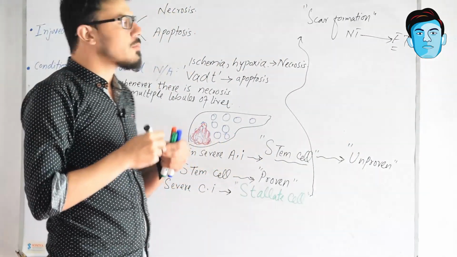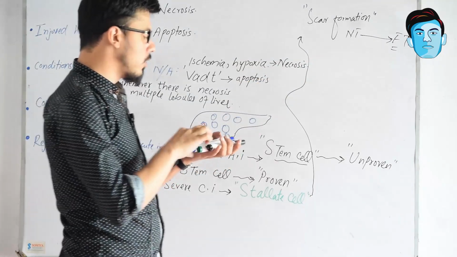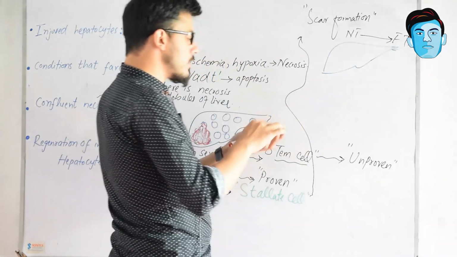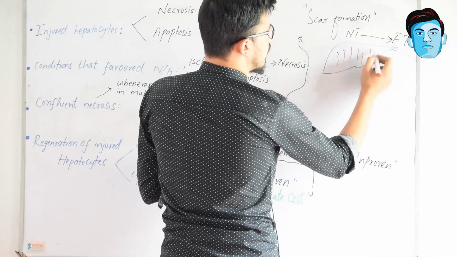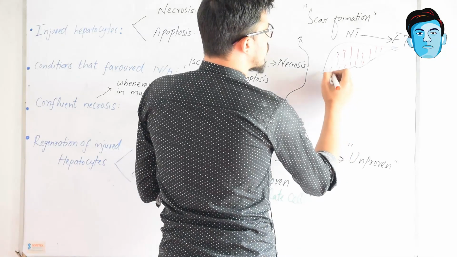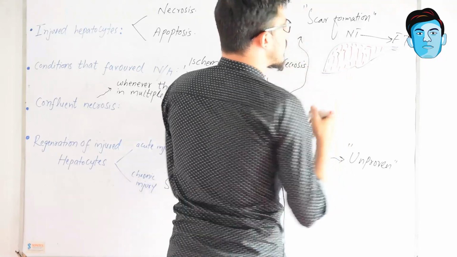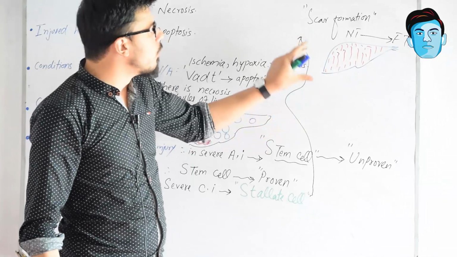Now with time, this fibrous deposition becomes so extensive. Say this is a liver, this fibrous deposition increases in the liver, and a stage comes when the whole liver becomes fibrosed, and the fibrous deposition is so extensive that it involves the whole liver.